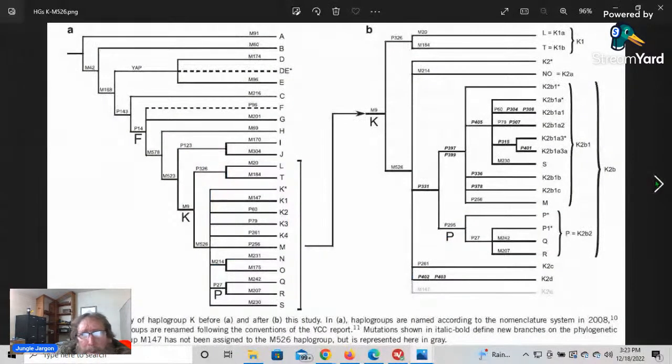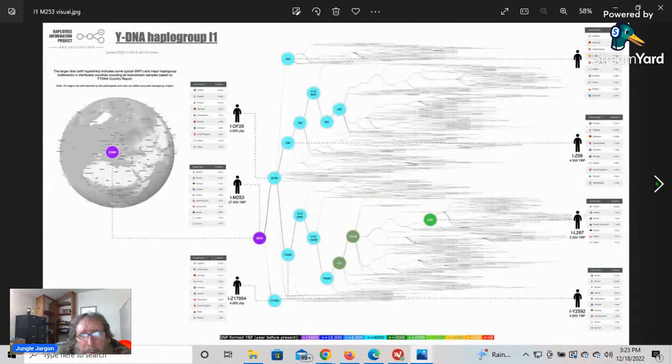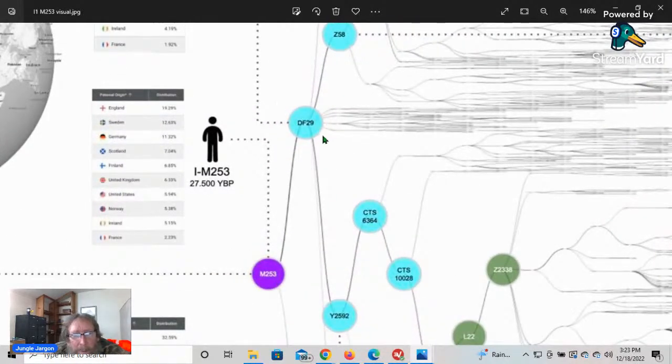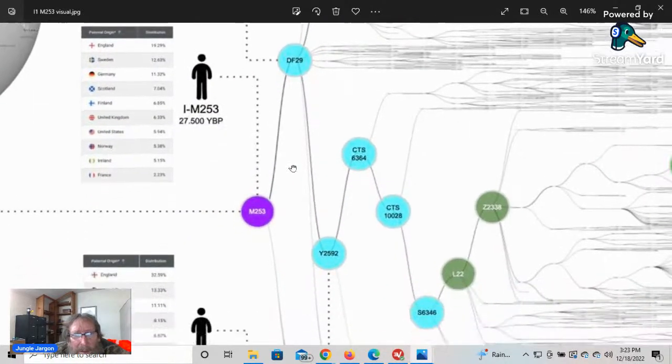So, okay, see that? This is me again right here. I'm an I1 M253, but I'm not the main DF29 group, which is all the Scandinavians and Germans.